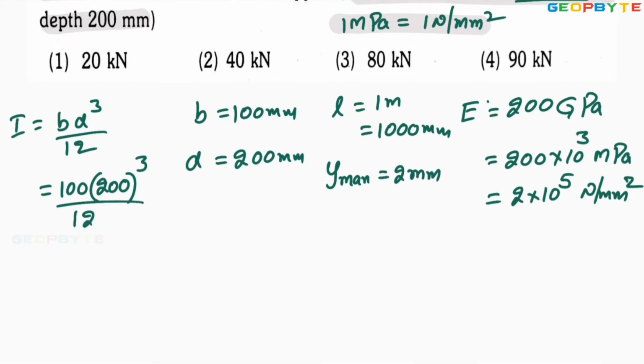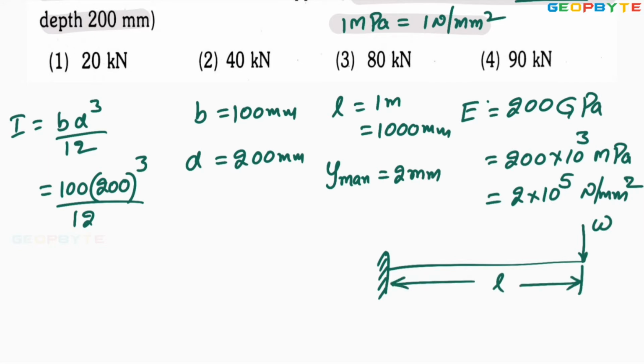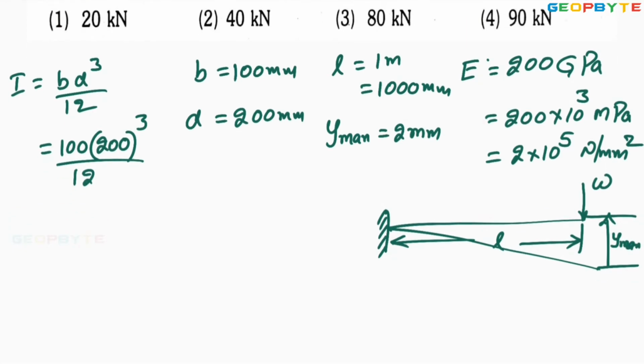Now, dear friends, when a cantilever beam is subjected to a point load at the free end, assuming the length of the beam is L, it is deflecting like this. The maximum deflection is found at the free end with a magnitude Ymax. Therefore, maximum deflection Ymax equal to WL cube by 3EI.